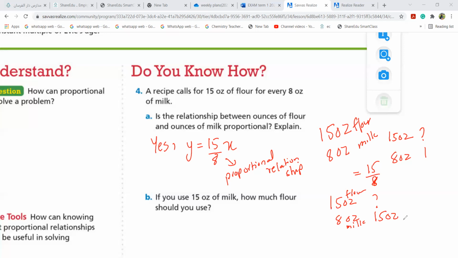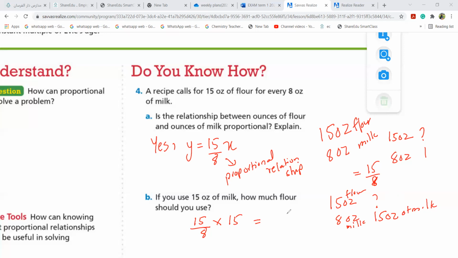Now question B is, if you use 15 ounces of milk, how much is the flour? Look at the second one. If you use 15 milk, how much is the flour? So simple. Here they're asking for 15 ounces of milk.